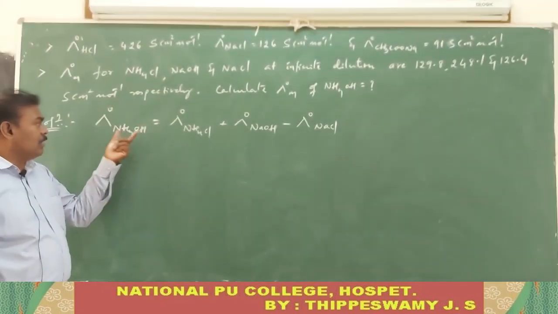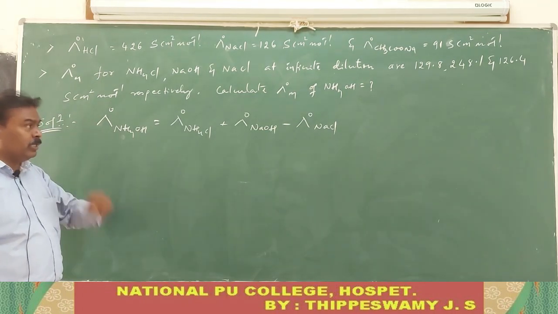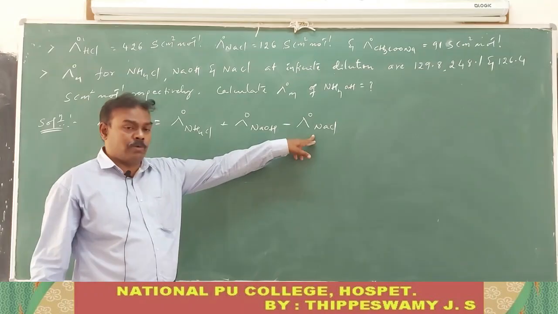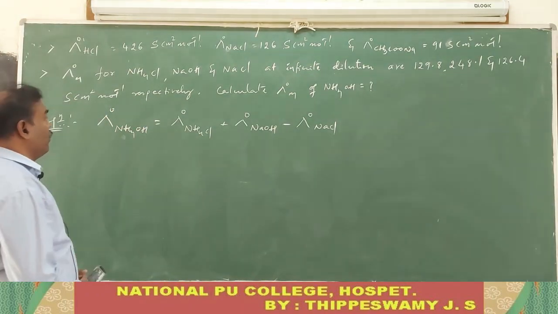These ions are not contributing towards the molar conductivity of ammonium hydroxide, hence I have to subtract the limiting molar conductivity of NaCl. Now substitute the values.